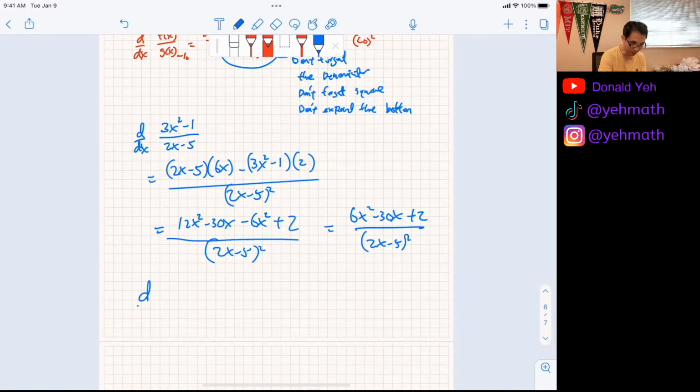You're going to take a derivative of this function, and then we are pretty much done today. 5x minus 2 over x squared plus 1. Learning how to take a derivative.